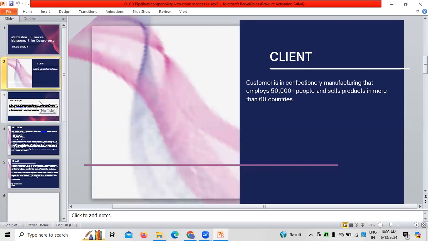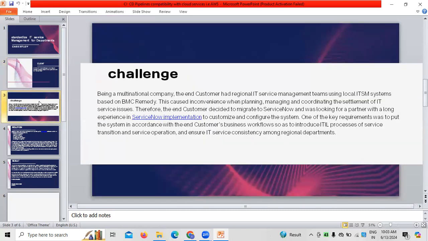Once we understood the client, we should understand the challenge they are facing. Because as a BA, whenever we try to understand the business situation, the first thing you need to know about is the challenge. So what challenges is the customer facing? Because this is an MNC, wherein the end customer had regional IT service management teams using different local ITSM systems based on the BMC Remedy process.